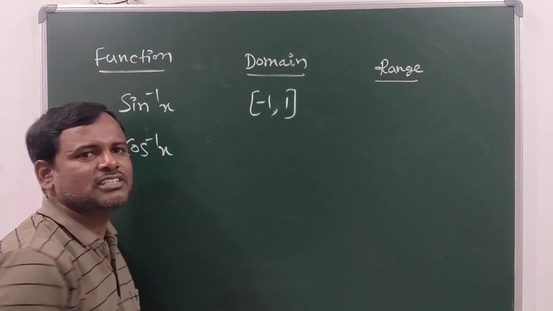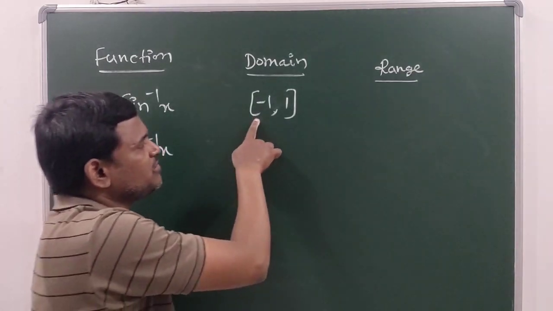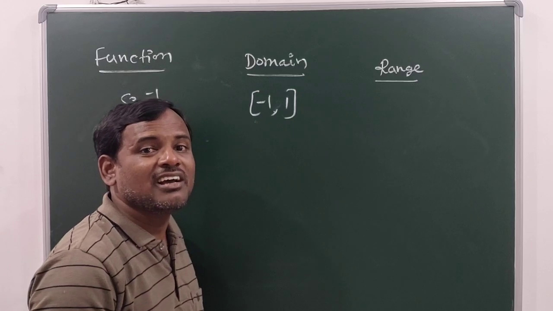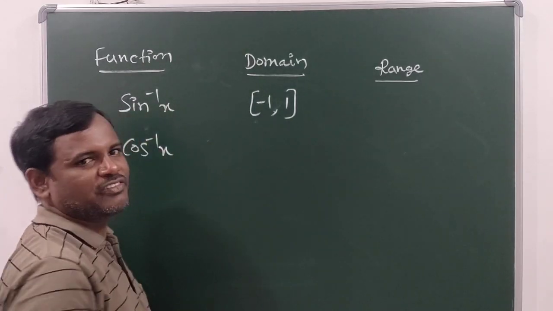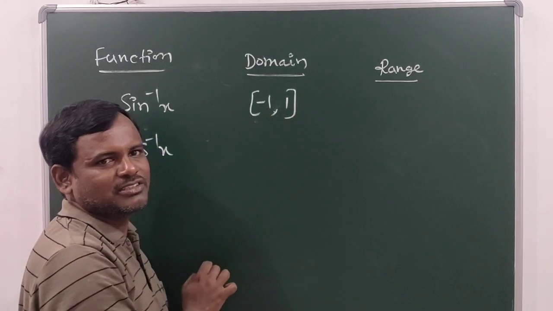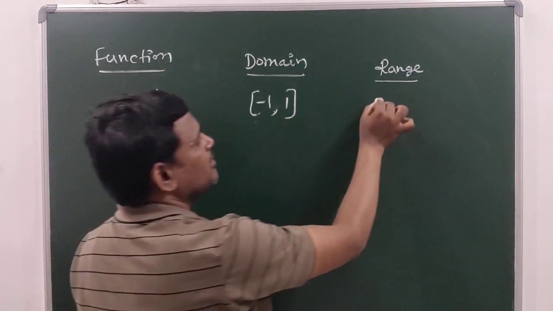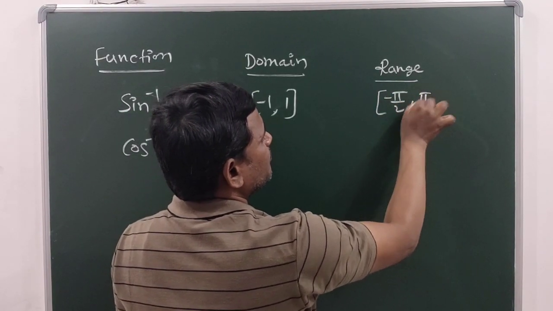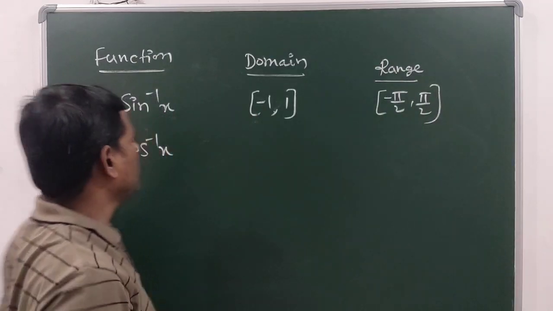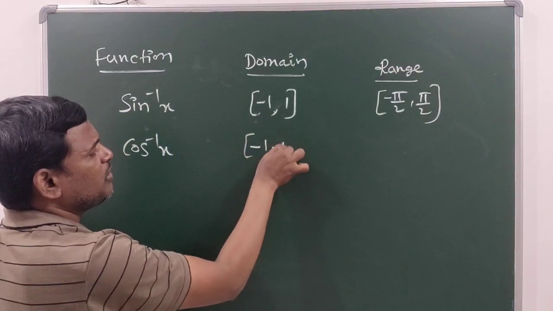So obviously this domain and range will be interchanged. So minus 1 and 1 was the range for the basic sine function. But for its inverse, it will be interchanged. Means its domain will be minus 1 to 1, and range minus 90 to 90.